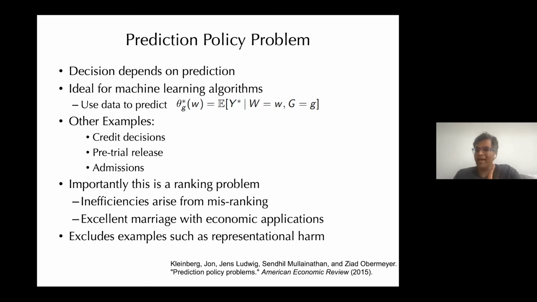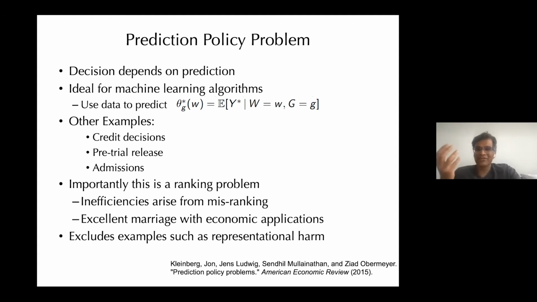I just want to flag, though, that everything I'm going to say excludes a really important category of examples. In fact, it's a category that has not, to my knowledge, been well modeled by economists, and that is representational harm. Here, the harm comes because a decision is being made and the algorithm is aiding in that decision. But you'll notice the Google image search is a slightly different kind of problem.